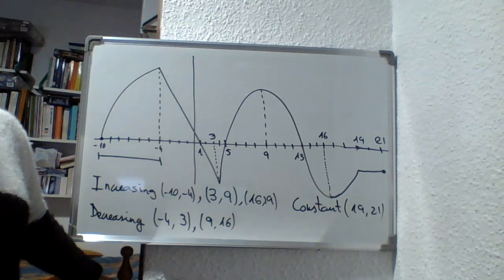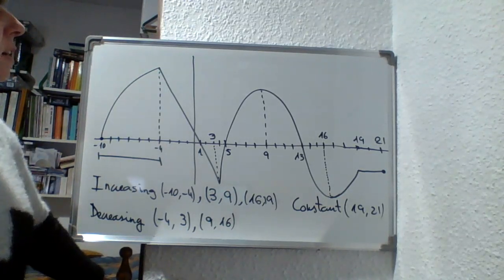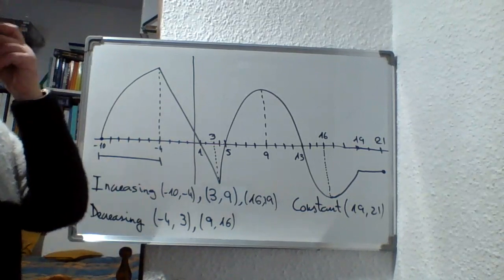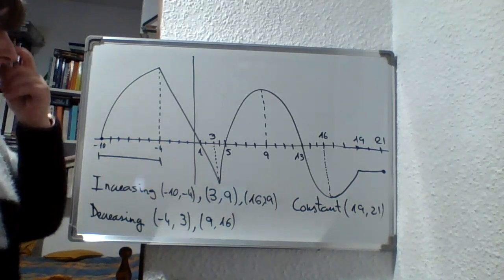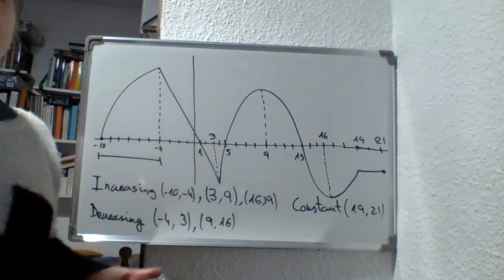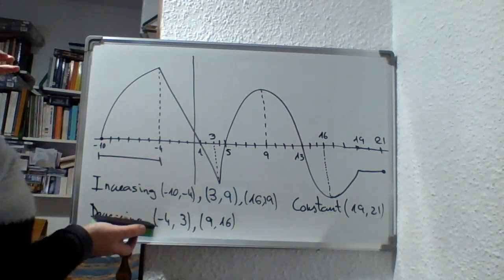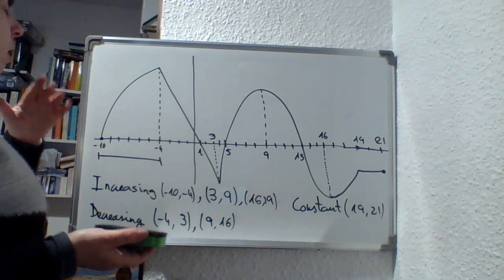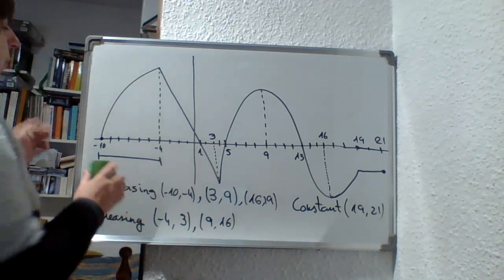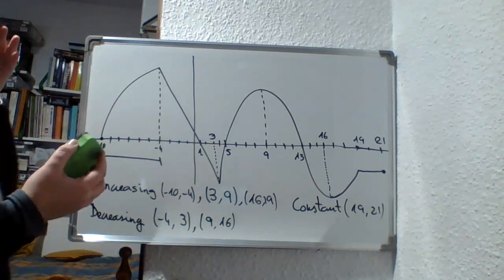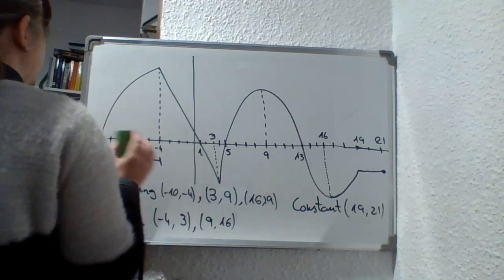Okay? But apart from the definition I have given, is there any other way to say that a function is increasing or decreasing without having the graph or drawing it? Let's see.